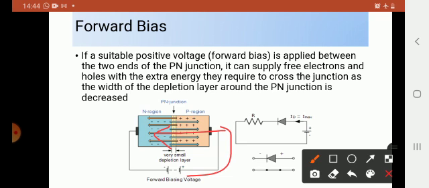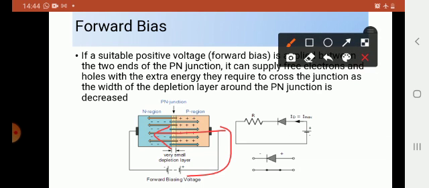So current can flow. Another very important thing here is this symbol. The diode is in this form, where this arrow indicates the positive side and this line indicates the negative one.